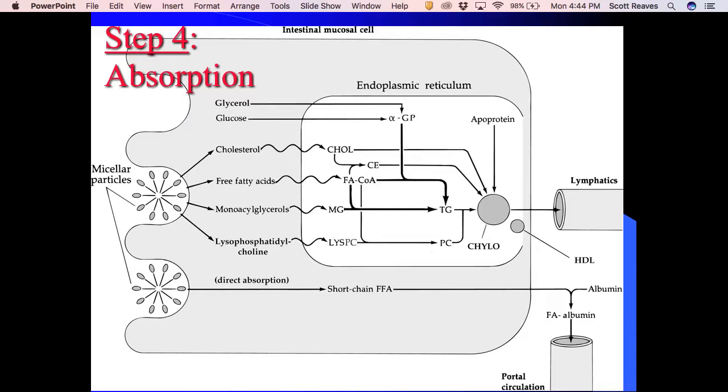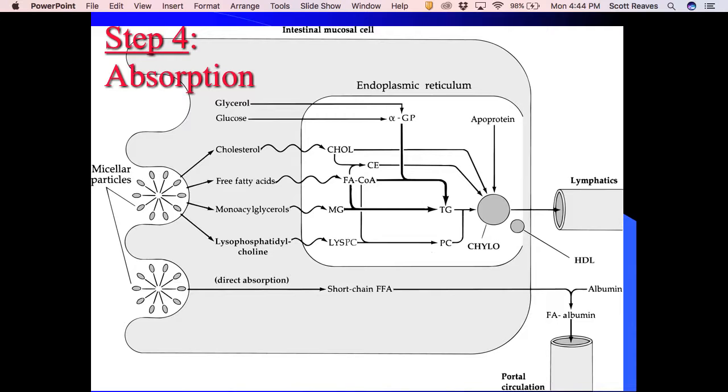So that's a good view there. Now this isn't perfect, but we'll go with this. They're saying this packaging occurs in the ER. Okay? And then that's how it's secreted from the cell.